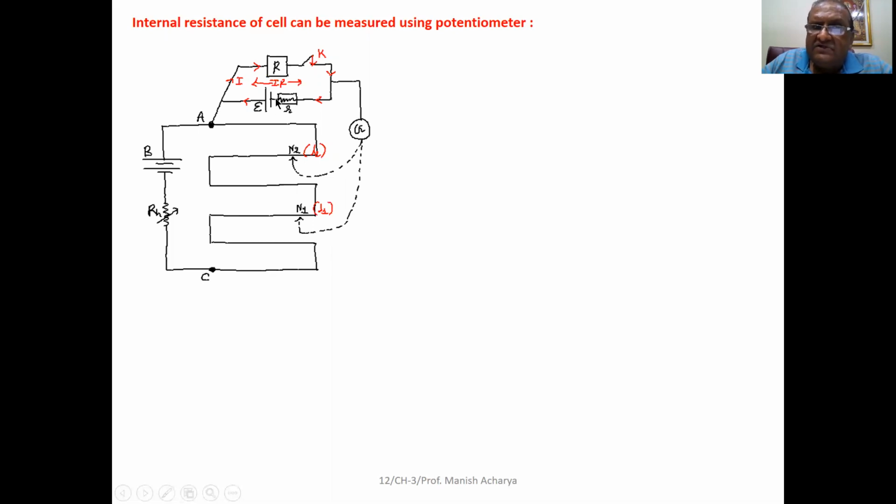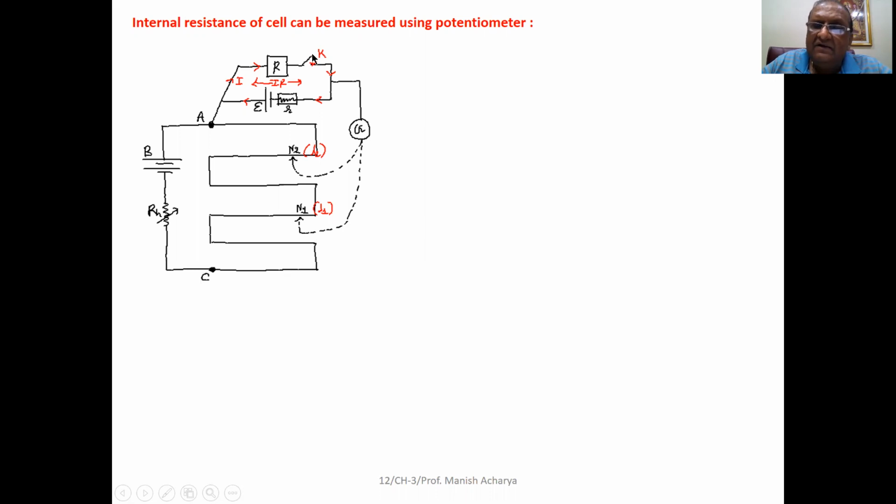Now the internal resistance of the cell is a small r, which is shown in the figure here. Then the other terminal is connected with the galvanometer to the jockey key. Now this particular cell for which you want to find the internal resistance is shunted by resistance R. Shunted by resistance R means that parallel to this cell, you have to connect one resistance R as shown in the figure.